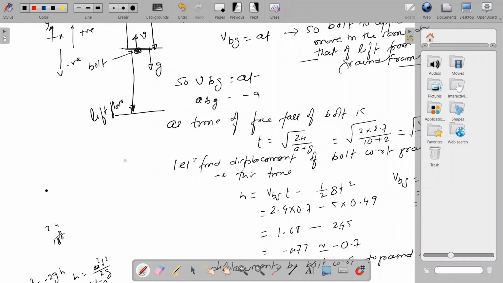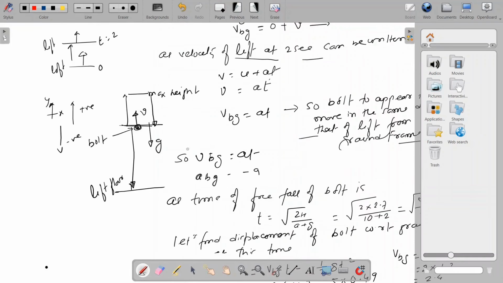This is the interesting part. The bolt does not simply fall straight downward when observed from the ground. It first moves upward, slows down due to gravity, comes to rest momentarily at its maximum height, and then starts moving downward.